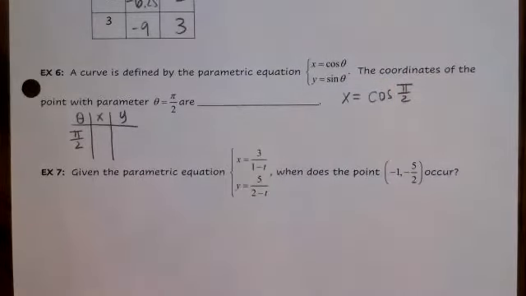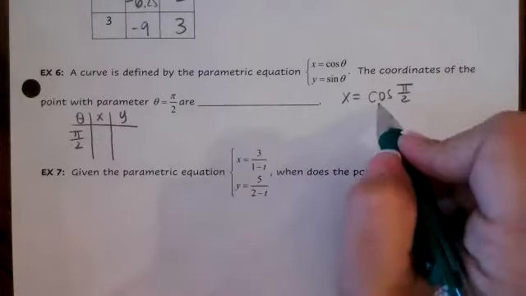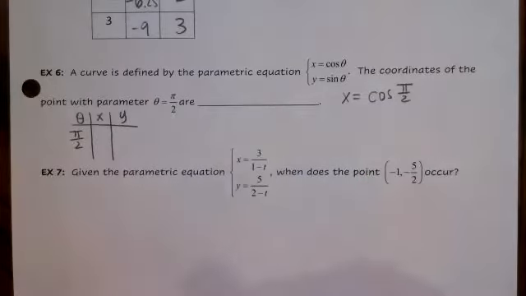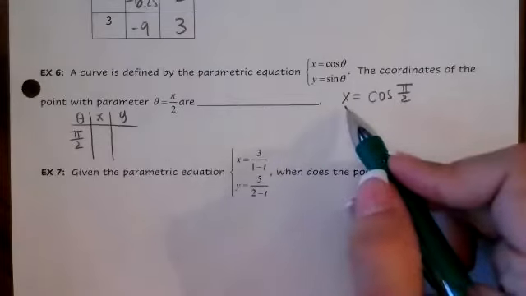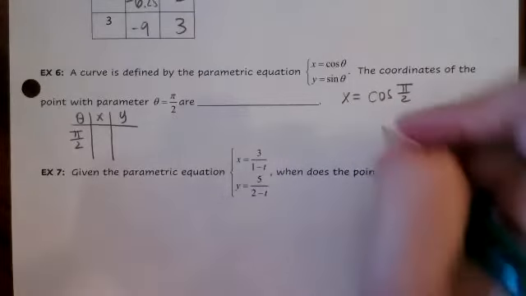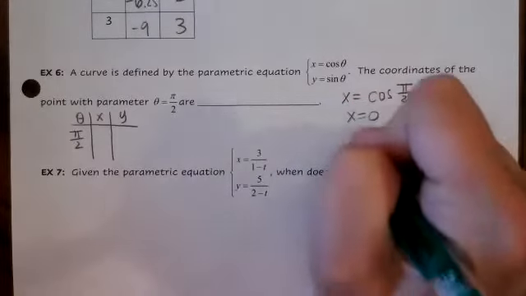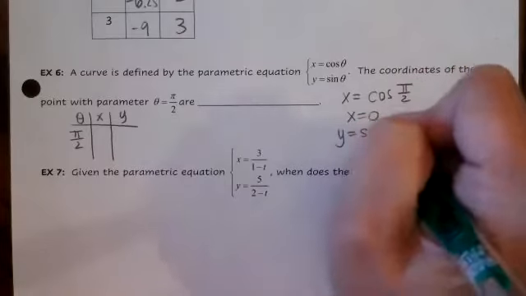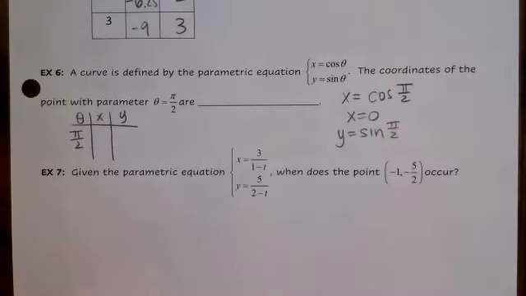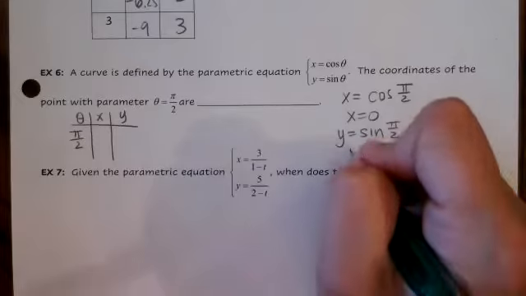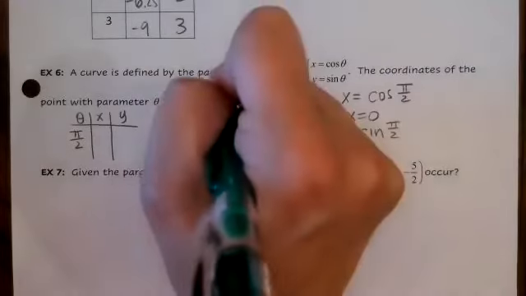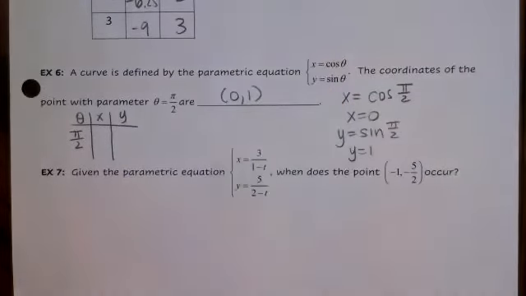Now I know you guys all remember your unit circle because we told you how important that was. We're looking for the cosine of pi over 2, and pi over 2 is 90 degrees. And at 90 degrees, x is 0. Then y is equal to sine of pi over 2. Again, that's 90 degrees, and our y value is 1 at 90 degrees. So that point would be 0, 1.